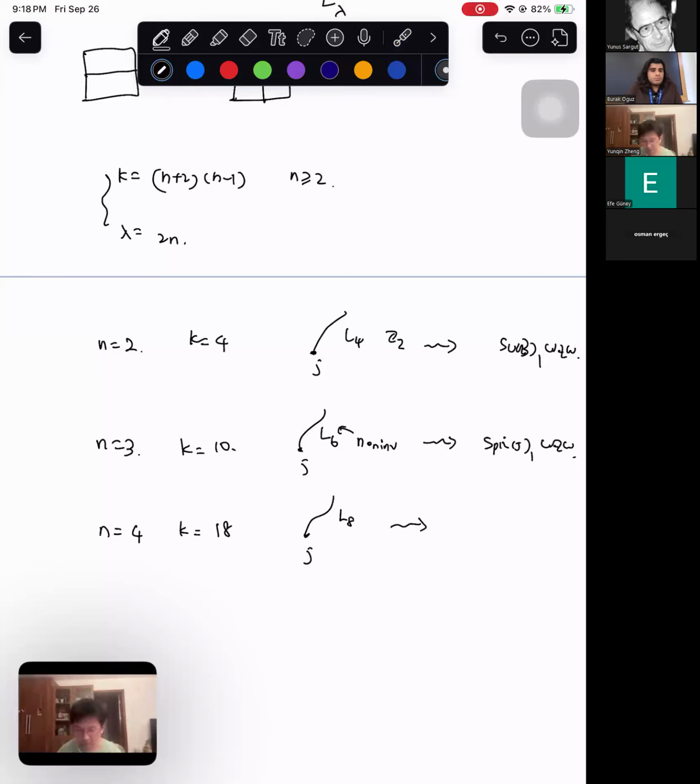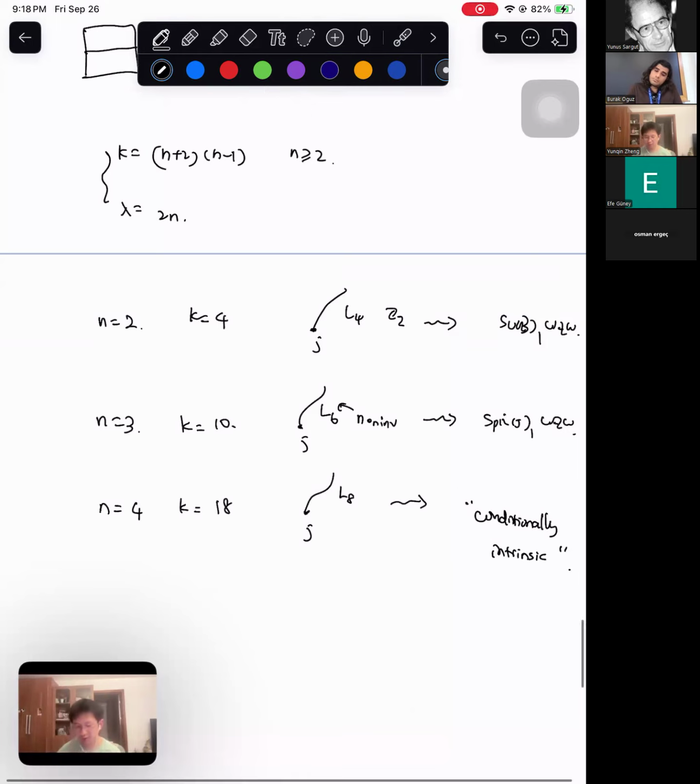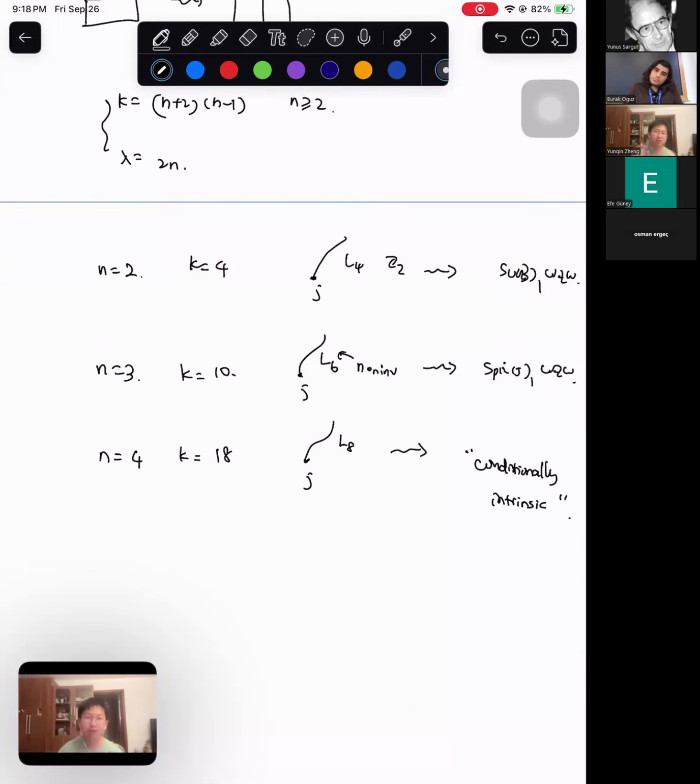Well, in that case, we have to say gauging that preserves the SU(2) Kac-Moody algebra. So we call it conditionally intrinsic continuous non-invertible symmetry. It's intrinsic because it does not come from gauging. And the conditional means that our gauging should preserve the SU(2) Kac-Moody algebra.